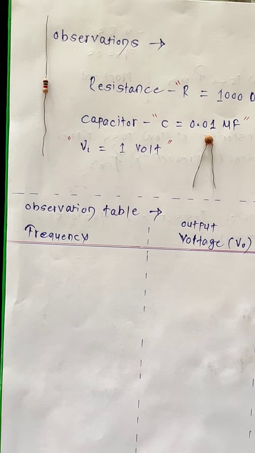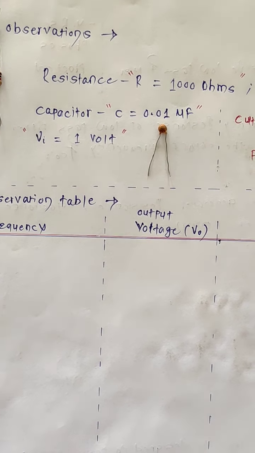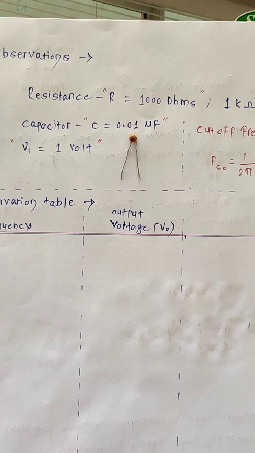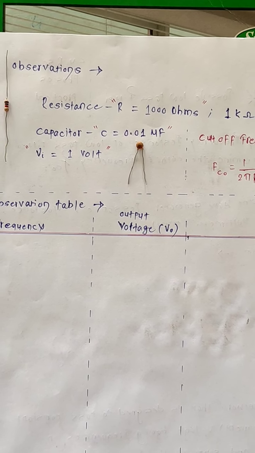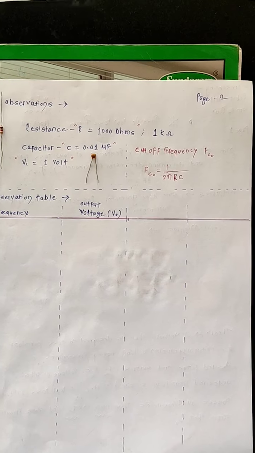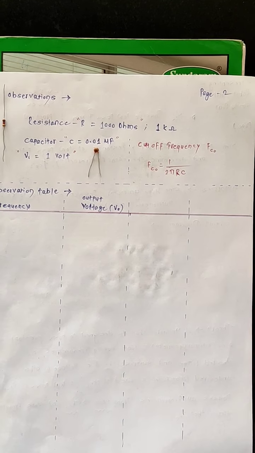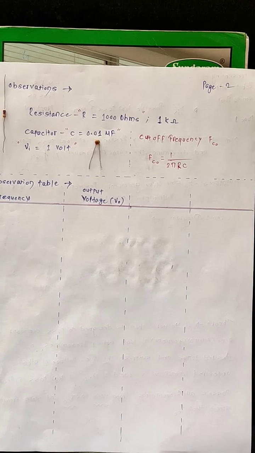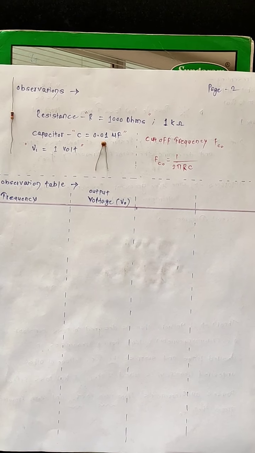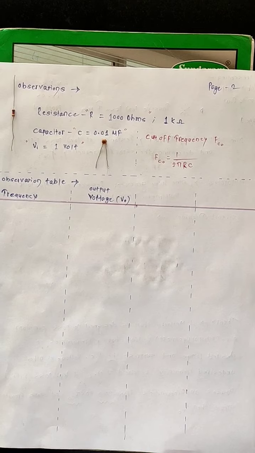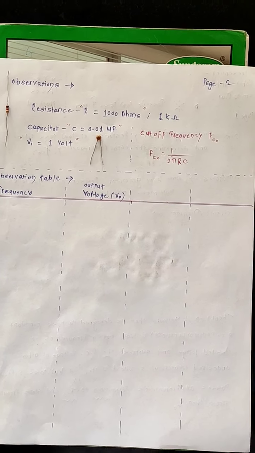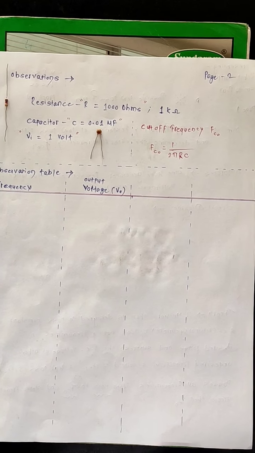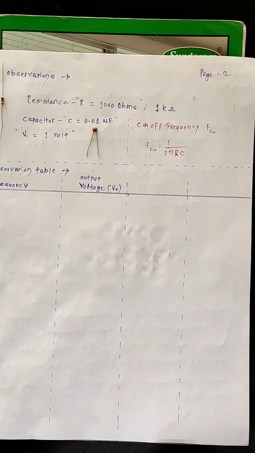The proper connection of our diagram is going to help us achieve the desired result. The formula for our operations: we are going to calculate the cutoff frequency, which is decided by our passive components like the capacitor and resistor, according to this formula, fco, that is the cutoff frequency, equals 1 over 2 pi RC.